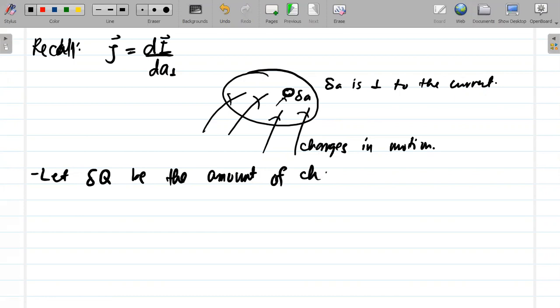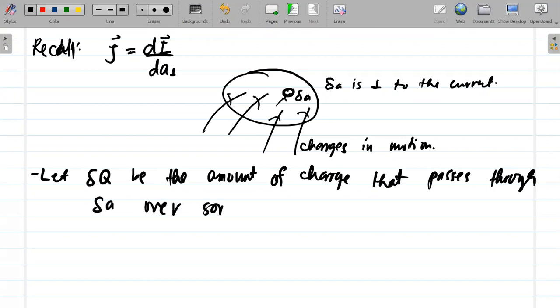So this is the amount of charge that passes through delta A over, let's say, some time interval delta T. So, over delta T, yung charges na pumasok dito sa delta A ay delta Q. So, bale, J natin. This is n hat, n hat na lang yung direction ng delta A natin.